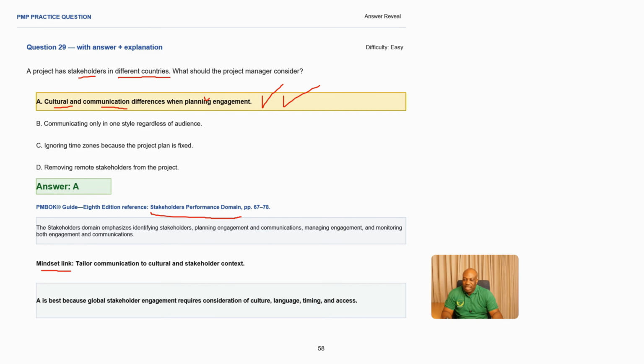The mindset we're using here is that you need to tailor communication to cultural and stakeholder context. Communication cannot be one size fits all. It has to be tailored based on the culture and the different countries we are considering for these stakeholders. Making A the best answer because global stakeholder engagement requires consideration of culture, even language, timing, and even access to those stakeholders.